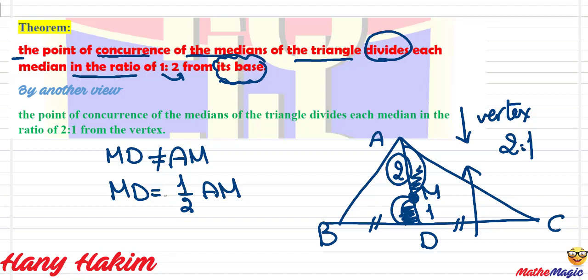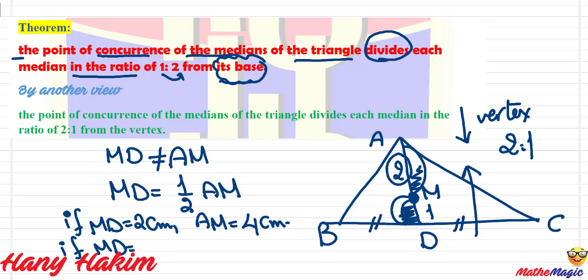For example, if MD equals 2 centimeters, then AM will be double of it, that will be 4, 2 multiplied by 2. Another example.